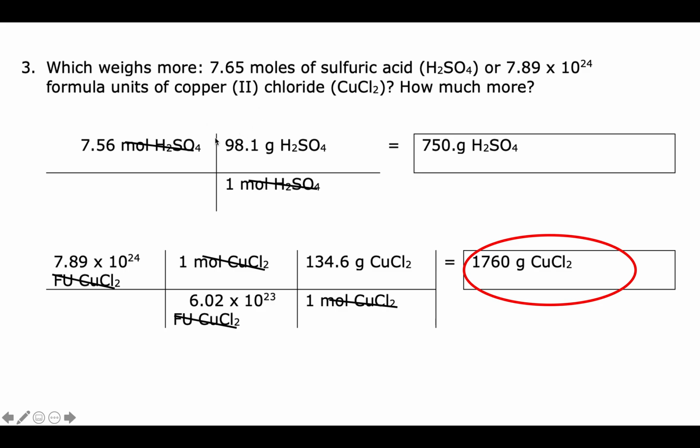It'll pay off in lots of things that you do. So the rest of the question was, what's the difference? We subtract the grams of sulfuric acid from the copper chloride and come out with 1,010 grams.